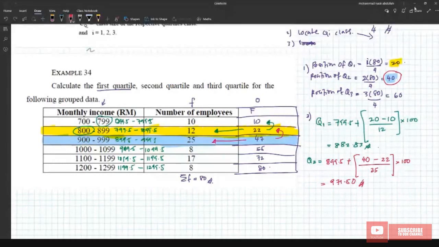So if you understood my lecture last week, you will understand how to calculate quartile 1, quartile 2, and quartile 3 for grouped data and ungrouped data. Now we move to the next value, which is quartile number 3.